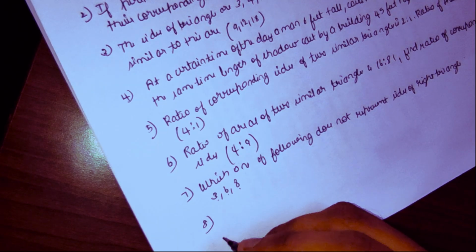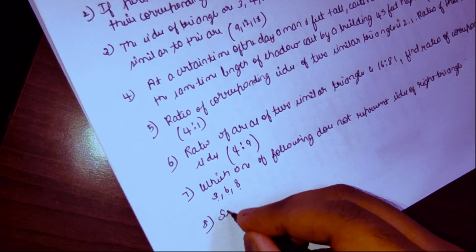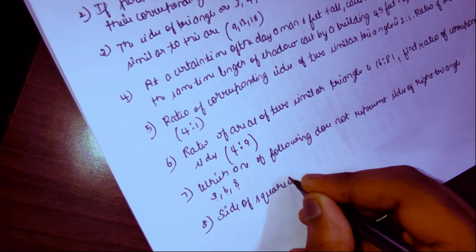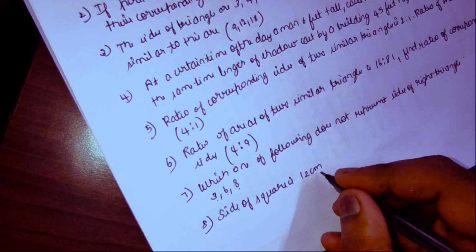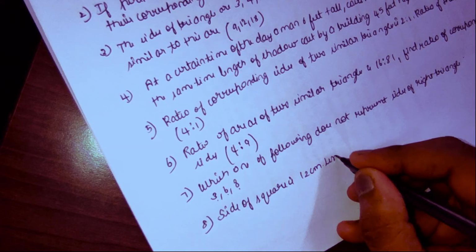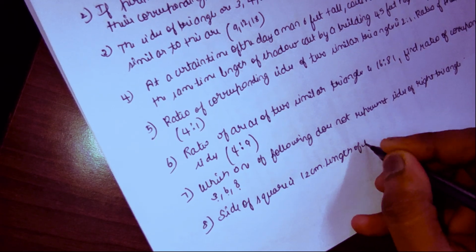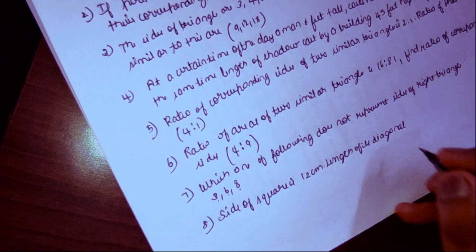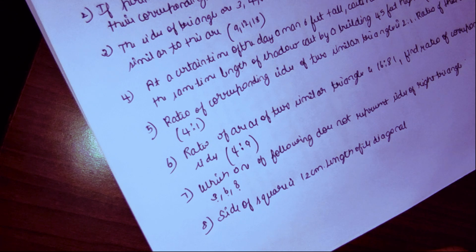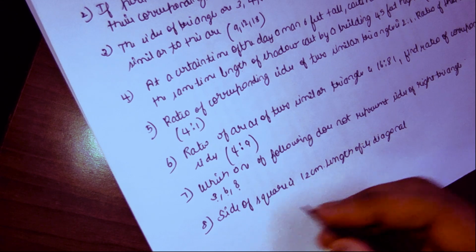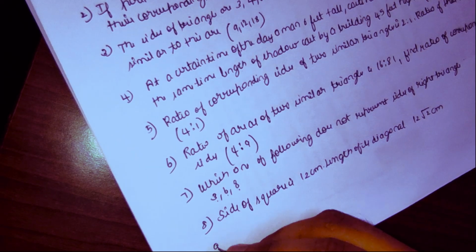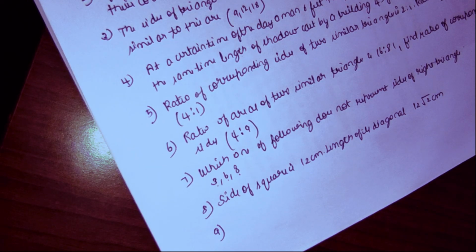8th question. Side of a square is 12 centimeter. Length of its diagonal. The answer is 12√2 centimeter. 9th one.